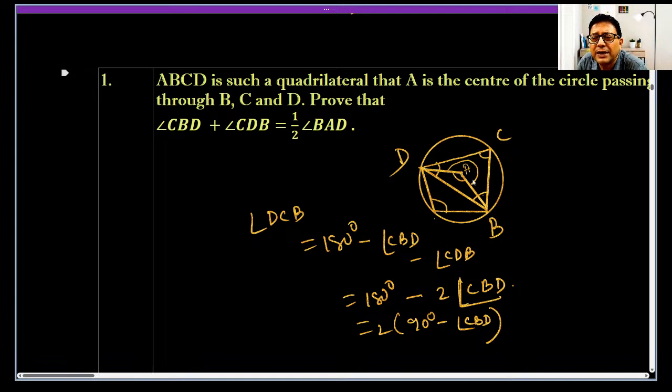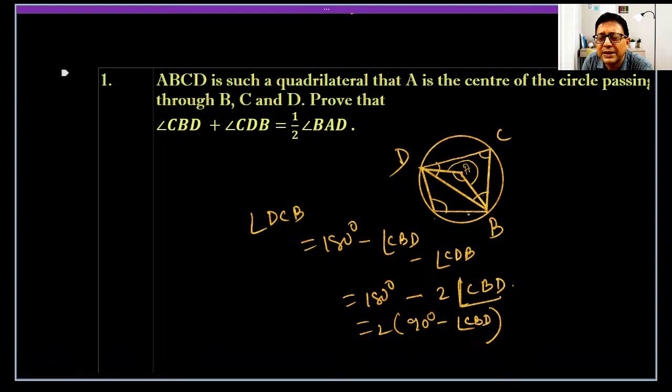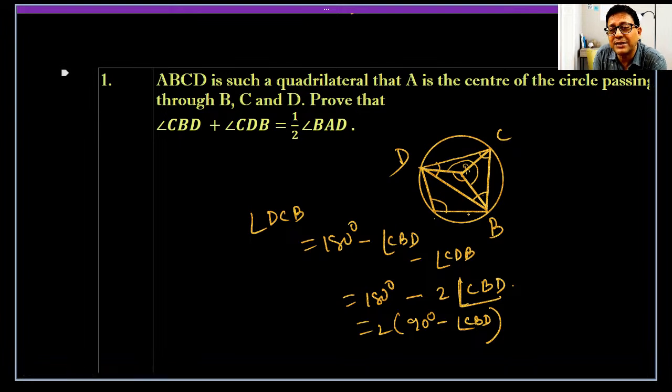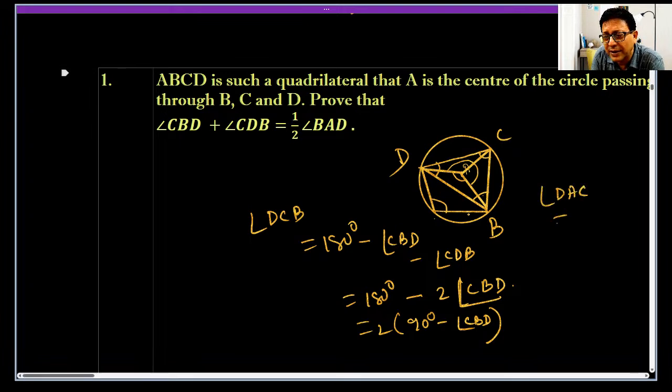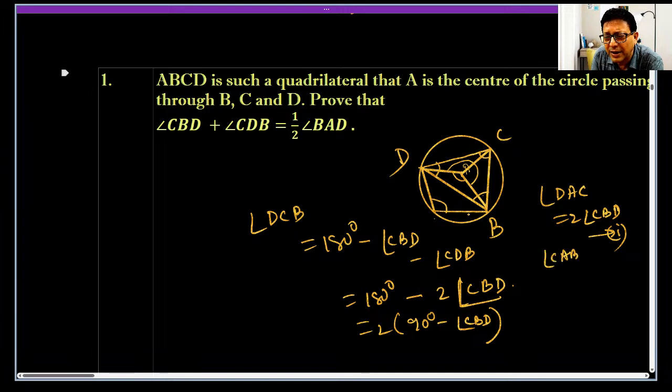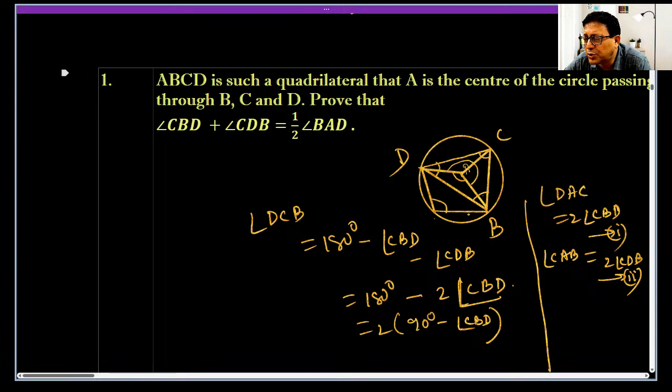Now, if we take angle DAC, angle DAC will be twice angle CBD. Isn't it? This is number 1. Similarly, what do you get? Angle CAB is twice angle CDB. Isn't it? Now, just add these two equations.